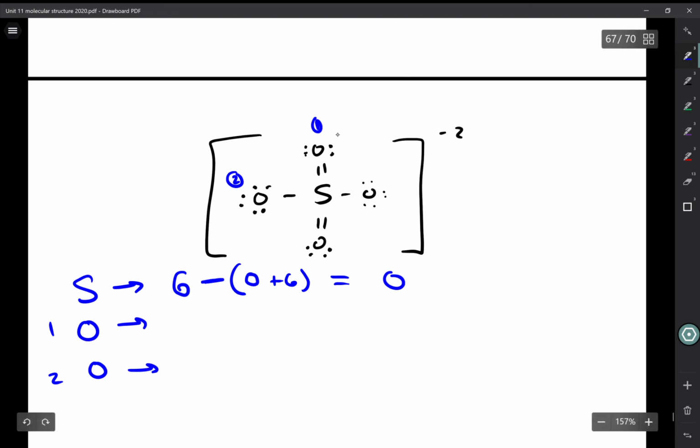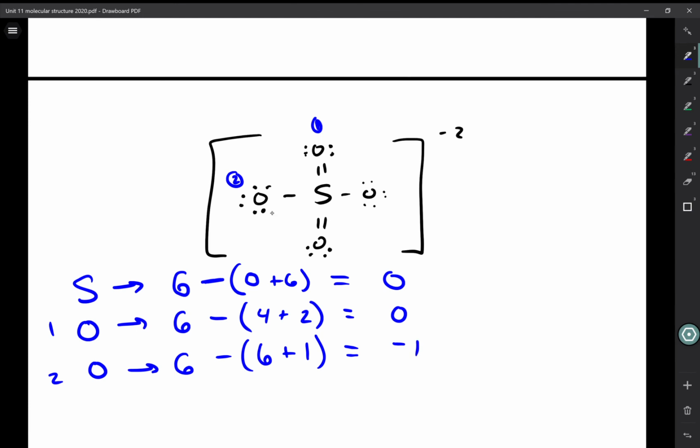Okay, now 1 oxygen up here, so the one with the double bonds. So 6 in the free atom, minus 4 unshared, plus half of the shared, so 2. That's 0. All right, and then the other oxygen here with the single bond, so 6 minus unshared is 6, shared is 1, so that's a -1.